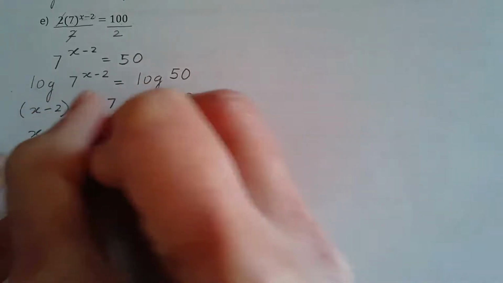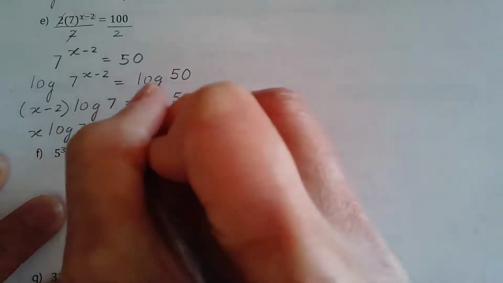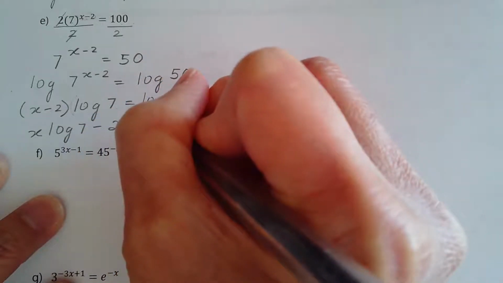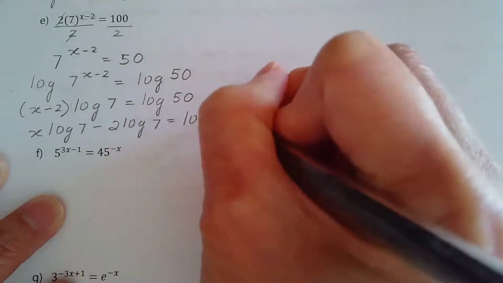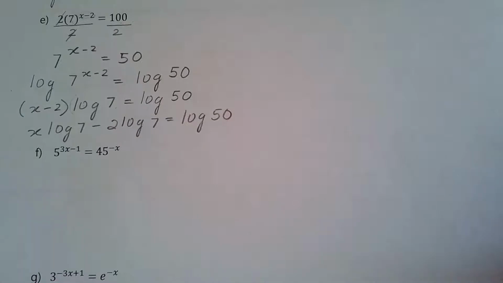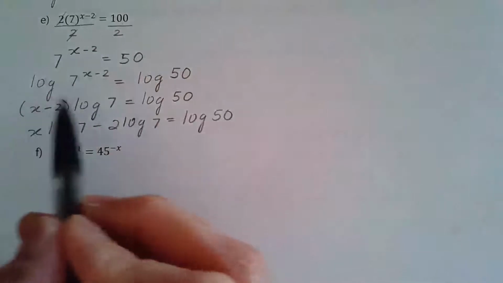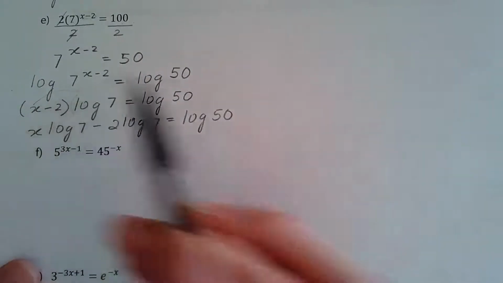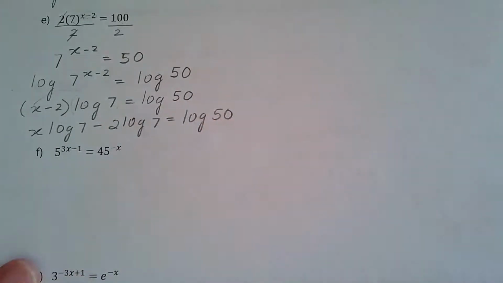It's x times logarithm of 7 minus 2 times logarithm of 7 equals log 50. Okay, so you okay with that part? We've multiplied this with log of 7 and multiplied the negative 2 with the log of 7 to get that. And then the right side still remains as logarithm of 50.